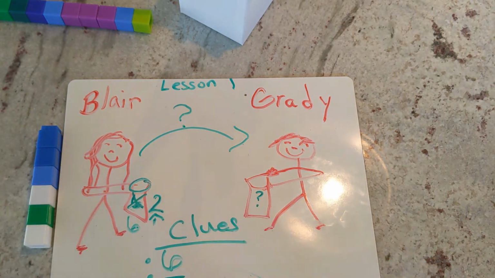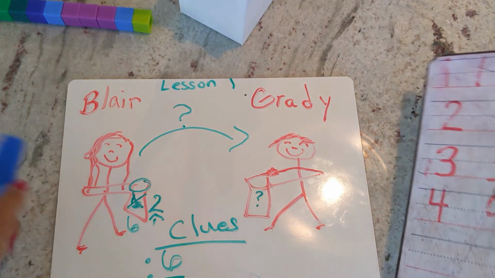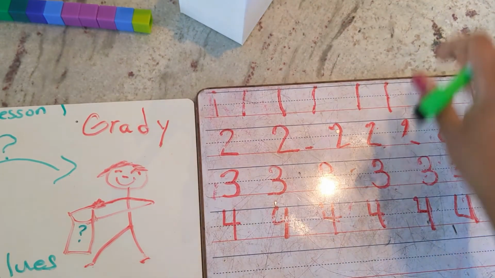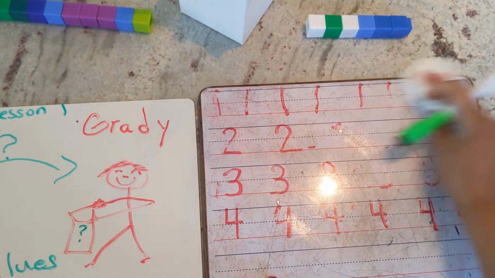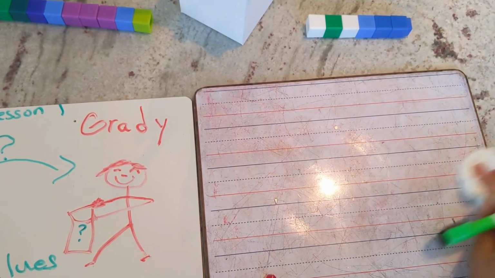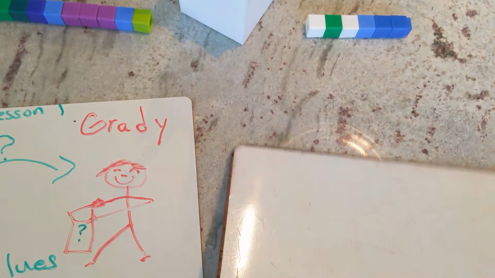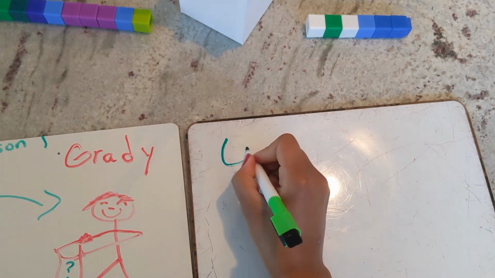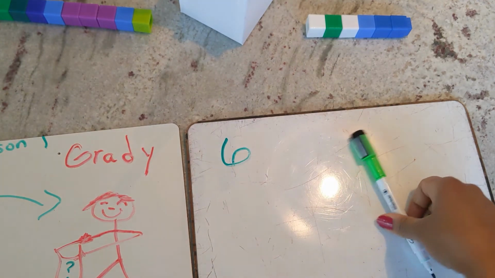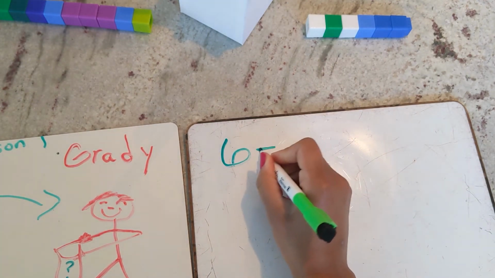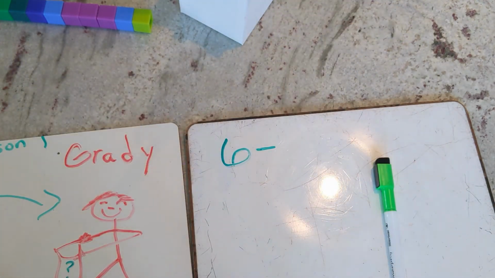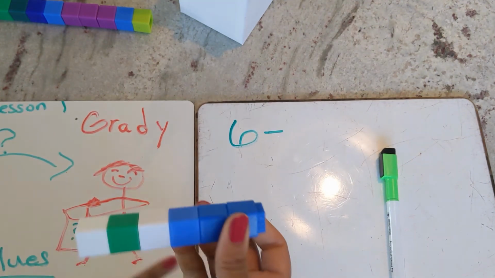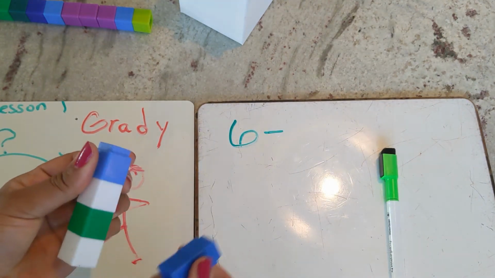Okay, now this is part 2 of this problem. So hopefully you have gone through the problem and have discovered that this number sentence looks like 6 minus, and we know that she ended up with 2, so you probably broke 2 off, right?